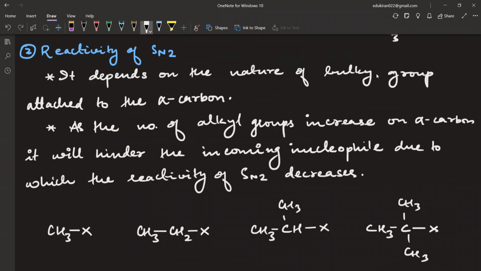Please remember, whenever we write CH3, it means we have 3 hydrogens also.